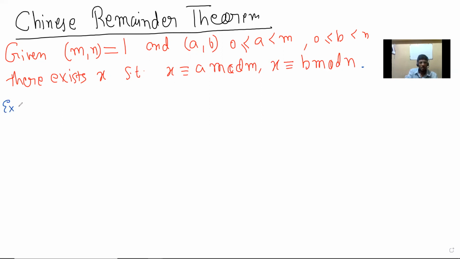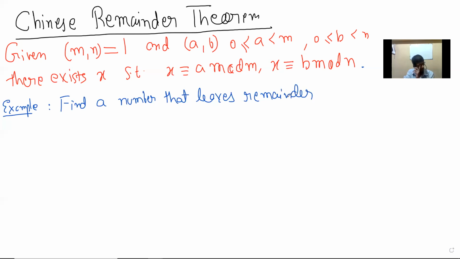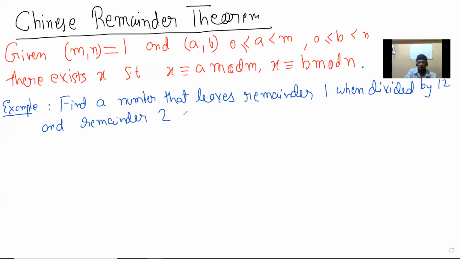So for example, let me put it like this: find a number that leaves a remainder 1 when divided by 12, and remainder 2 when divided by 43.